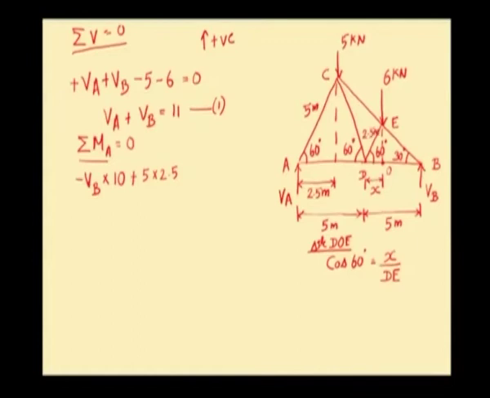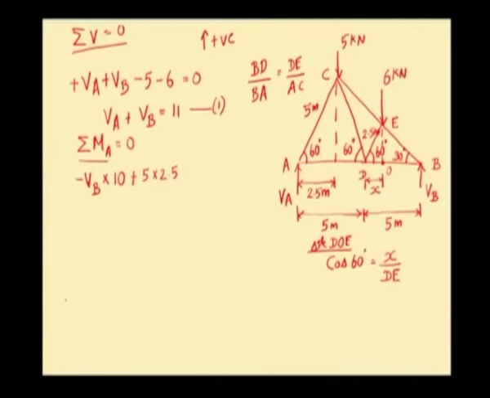Now, this distance can be found by applying the similar triangle principle, because BD and AD are equal. So, BD divided by BA must be equal to DE divided by AC.